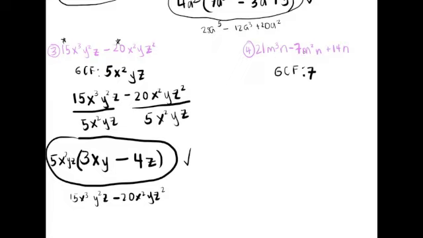I have an m here, I have an m here, but since there's no m here, m cannot be included in my GCF. But I can include n, because I have an n, so we're good. But looking at this, all my n's are just regular n's, so I don't even have to worry about figuring what the exponent is or any of that business. So my GCF is 7n.